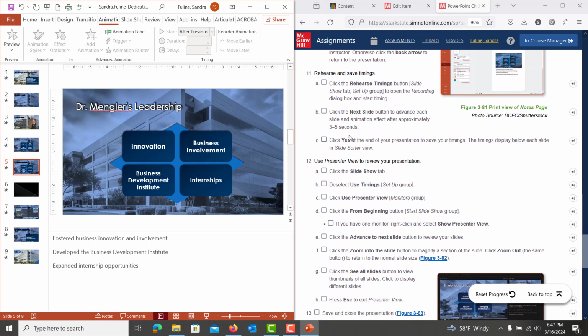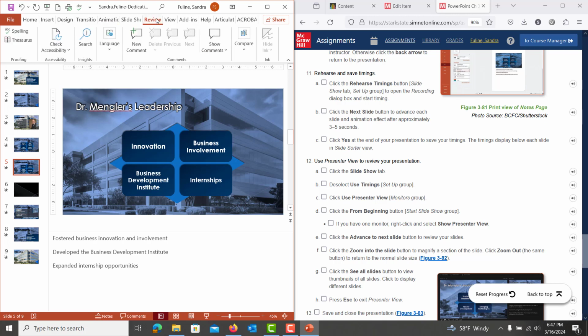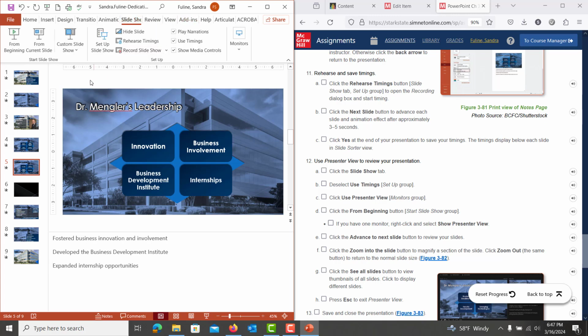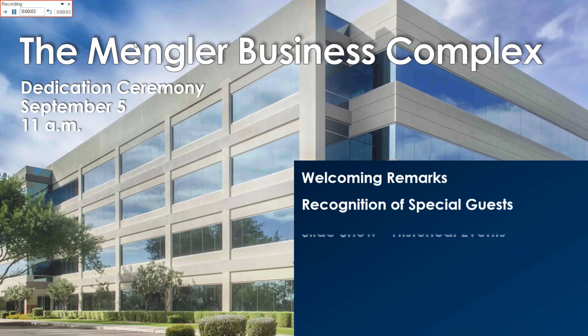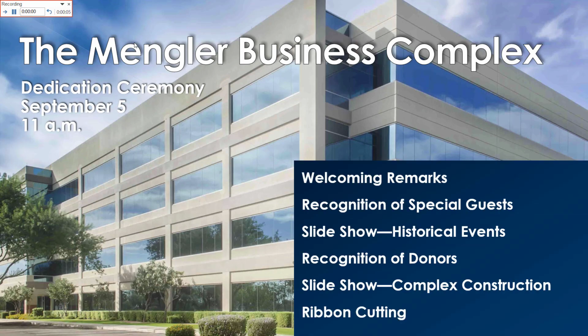So what we want to do is we are going to keep the timings on these slides, and we want around 3 to 5 seconds on the slides, but I've turned it in with 2 or less, and it's been fine. But we're going to go up to slideshow tab, and we're going to hit rehearse timings. And we're going to just hit the arrow to advance through. And don't forget, you've got some animations on these slides.